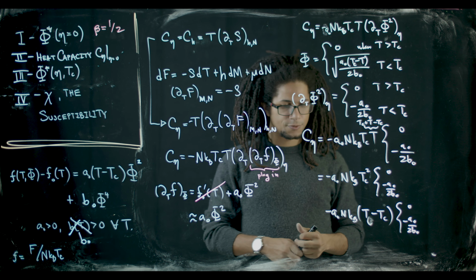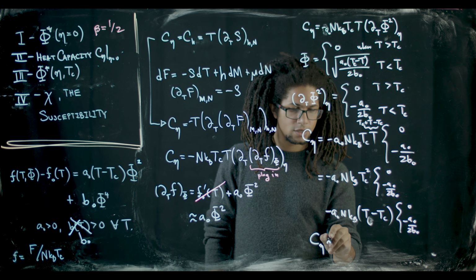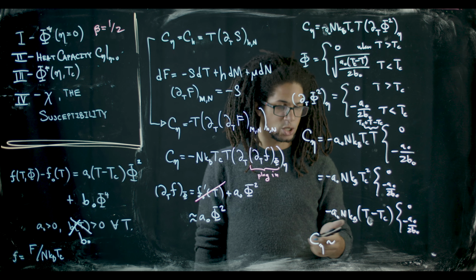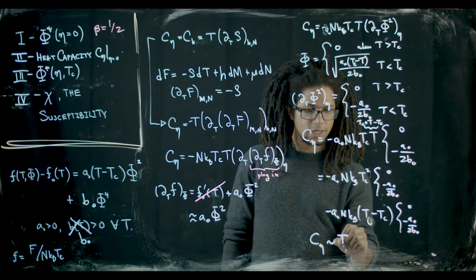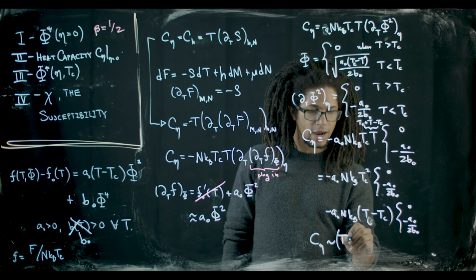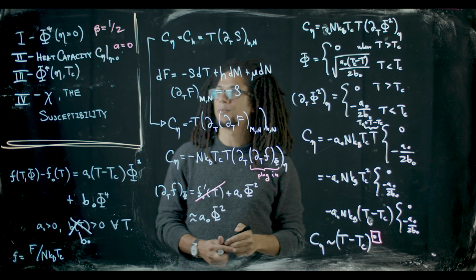In other words, C_eta to the level of approximation that we've done here goes as T minus T_c to the 0. Again, because we're neglecting this first order term in favor of this much larger 0th order term when we have T less than T_c. So let's also extract this 0 exponent here, and this one is usually called alpha. So we have alpha is equal to 0.